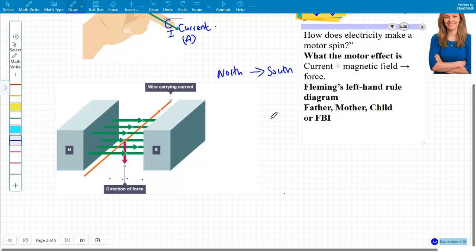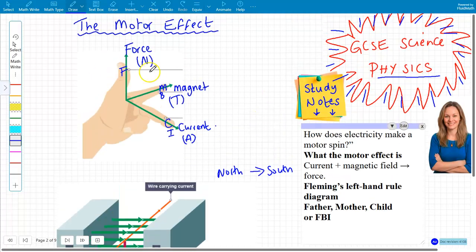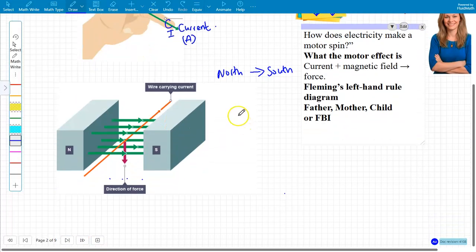So that would be the direction that you're going to point your index finger, from the north to the south direction. Okay, so the current always goes from positive. Conventional current always goes from positive to negative. So let's say you were given a diagram and it showed the circuit drawn like this.